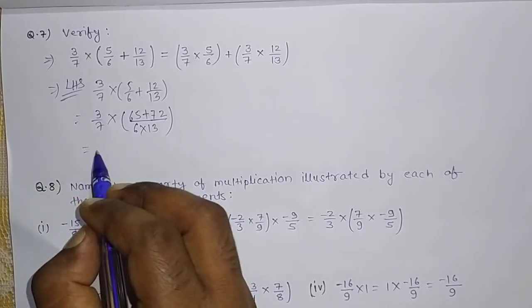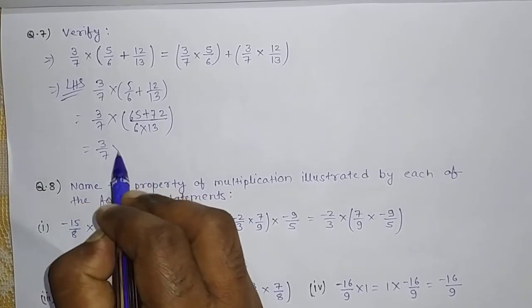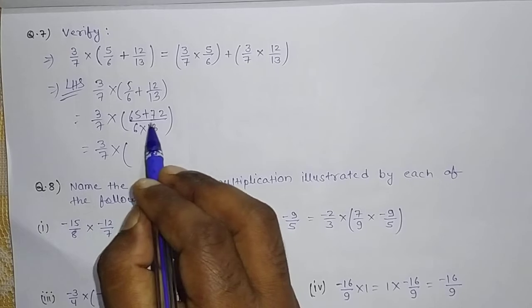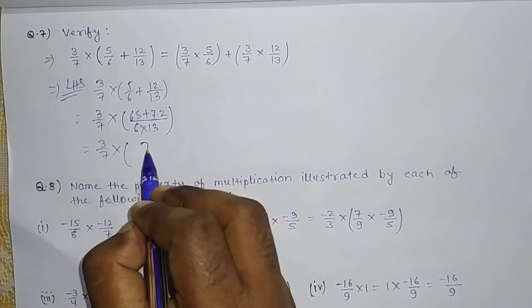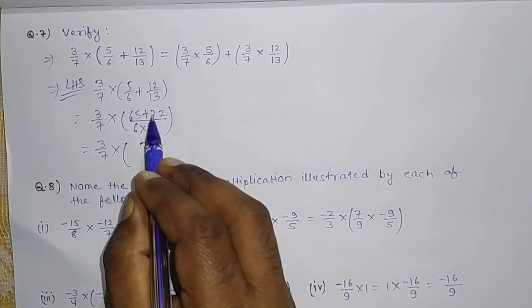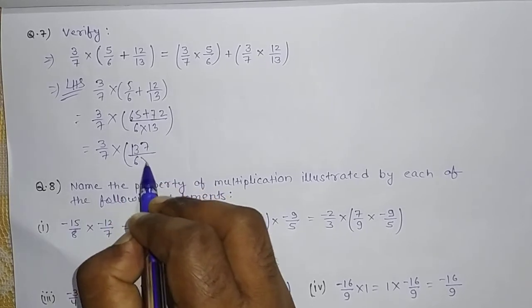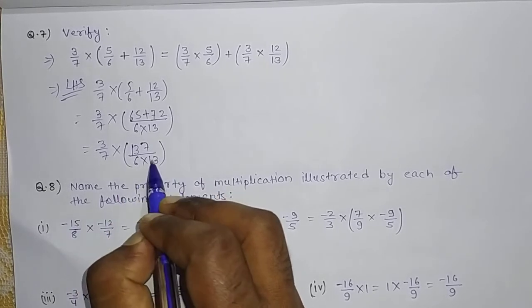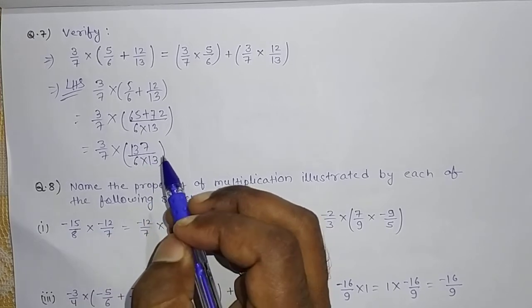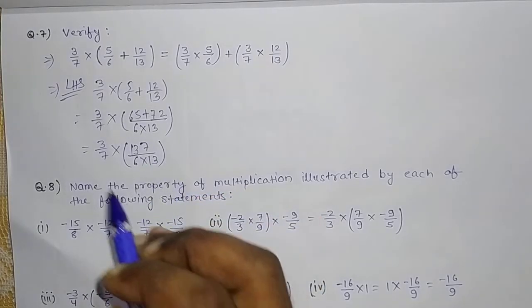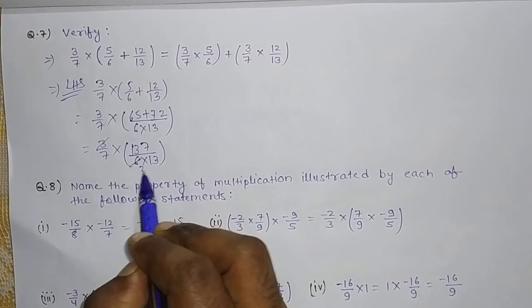Now, 3 by 7 multiplied by 5 plus 2, that is 7. 6 plus 6, 12, 13. Now simply we can divide by 3 to the 6.